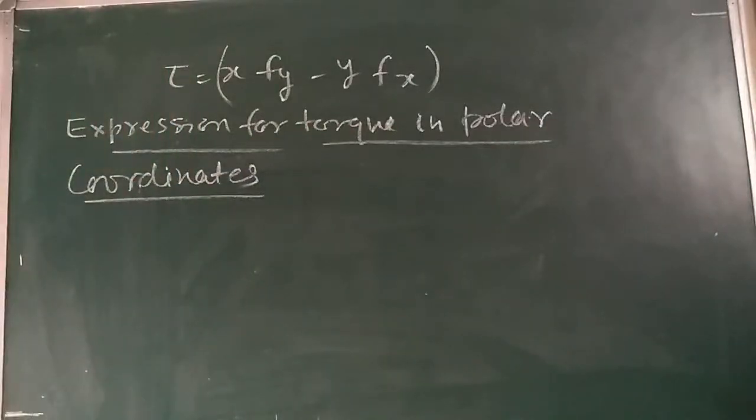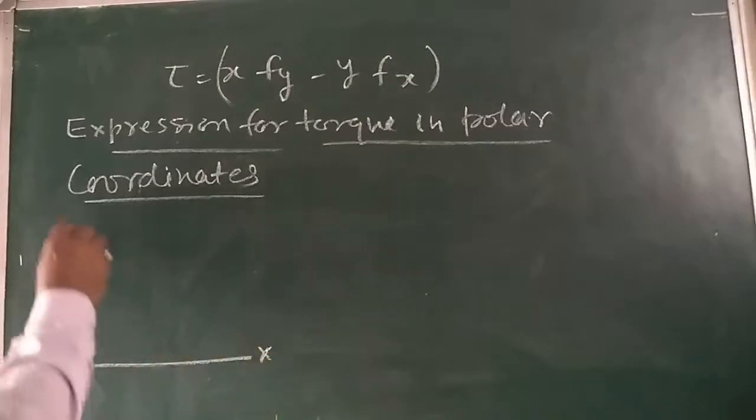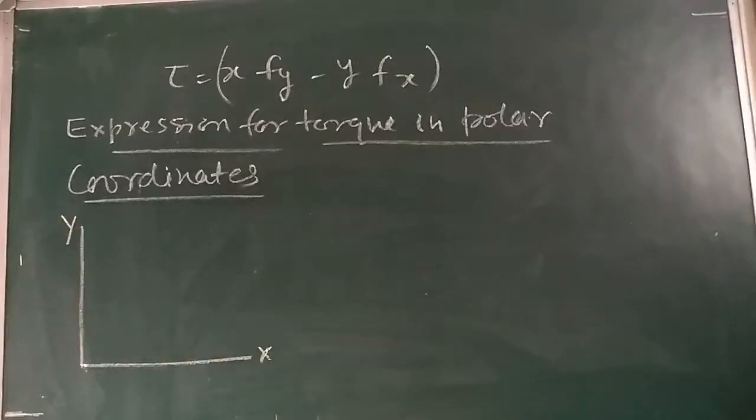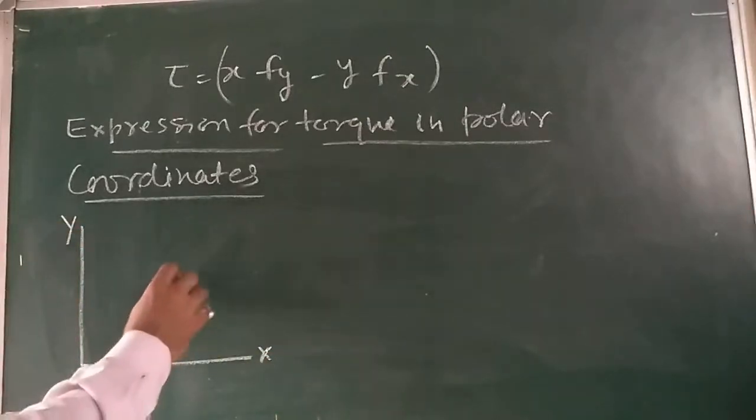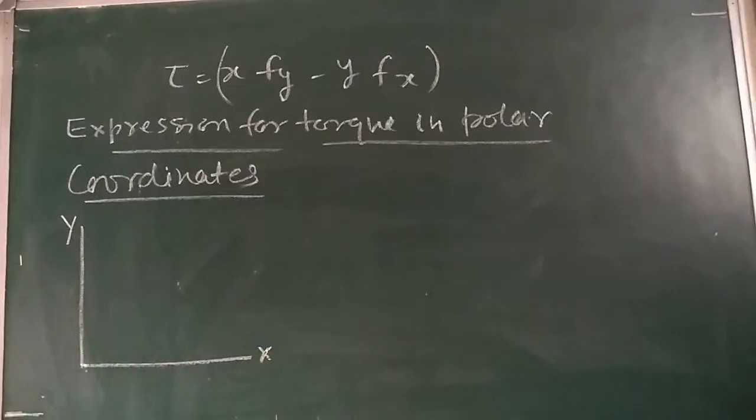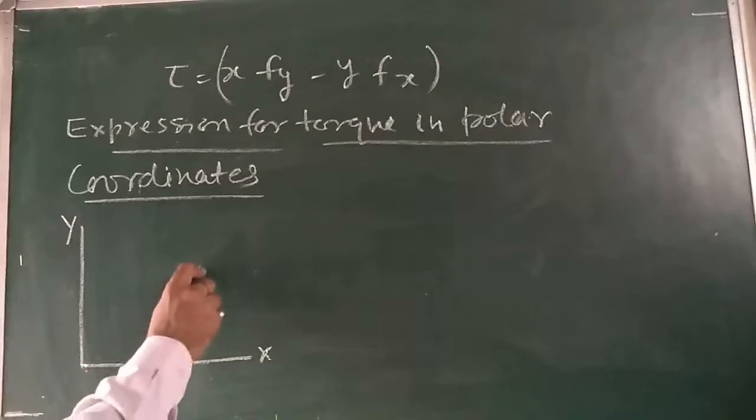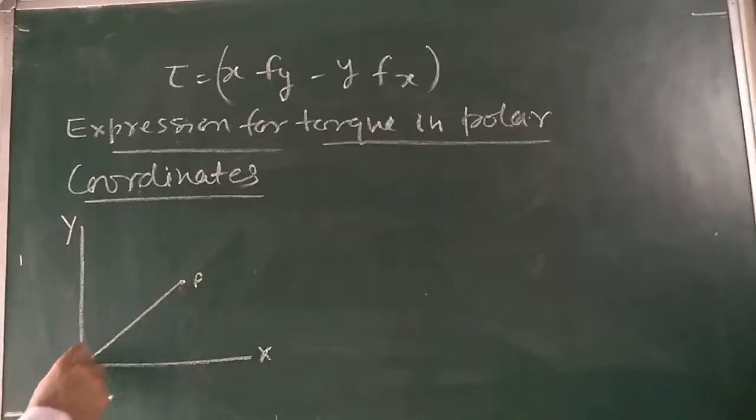Now, for that, suppose the line of action of force is in a plane. Say this is our x-axis, this is our y-axis. Say the particle is at the point P having coordinates x and y. That figure we have seen earlier.